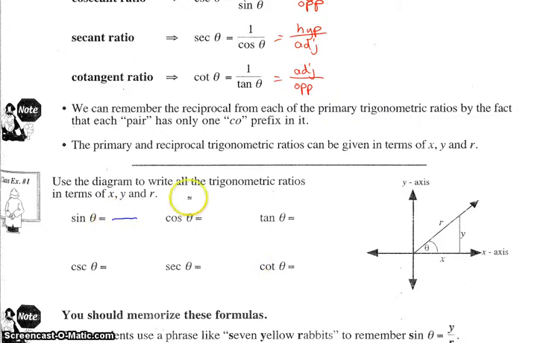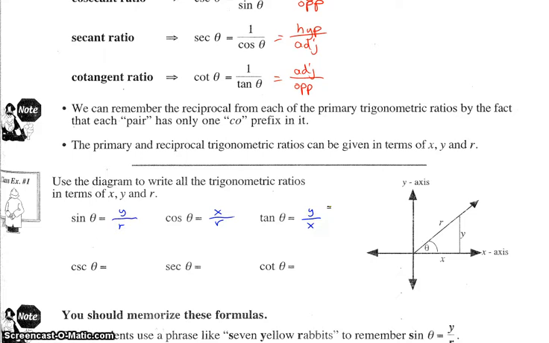So sine, as you know, is opposite over hypotenuse. So opposite of this angle would be y over hypotenuse, which is r. Cosine, adjacent to this angle, so x over the hypotenuse, which again is r. And then finally tan is opposite over adjacent, which would be y over x.